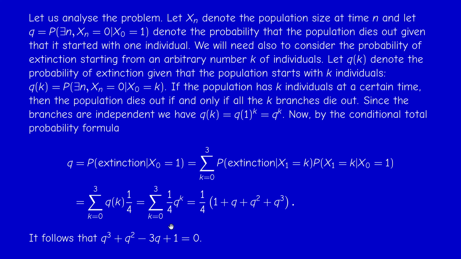Now, this is a third order polynomial, so in general there's no formula, but here we observe the following: if I put 1 instead of q, I get 1 plus 1 minus 3 plus 1, I get 0. So q equal 1 is a solution. And doing the Euclidean division, we divide this polynomial by q minus 1, and we get a second order polynomial that we can solve.